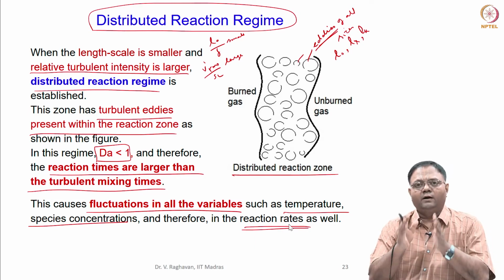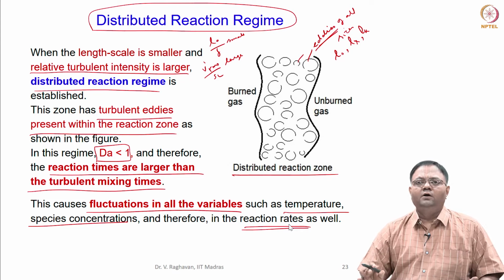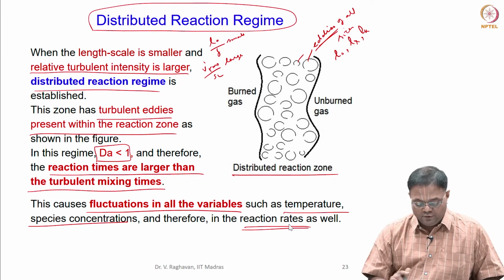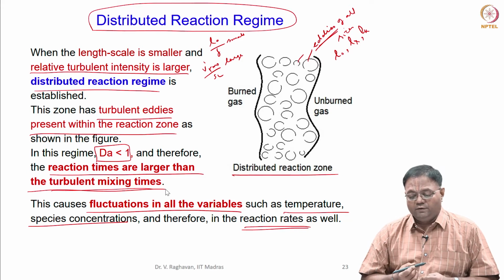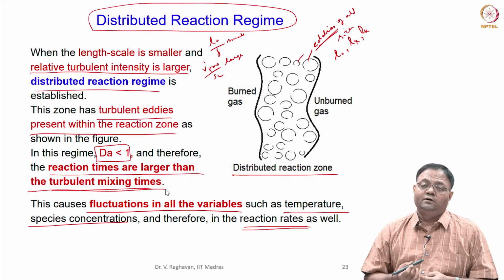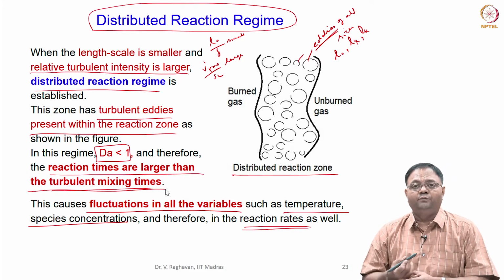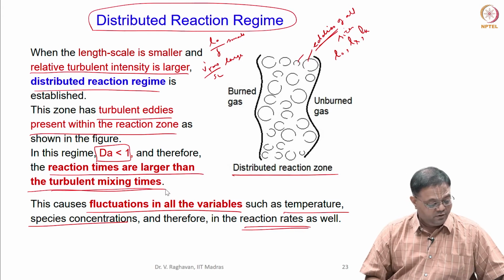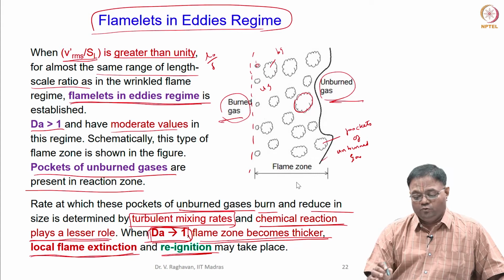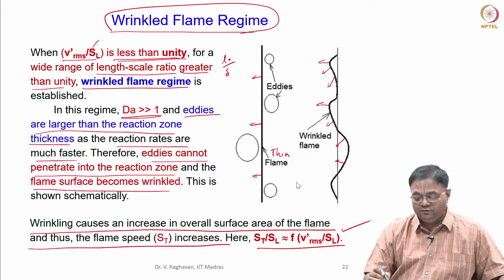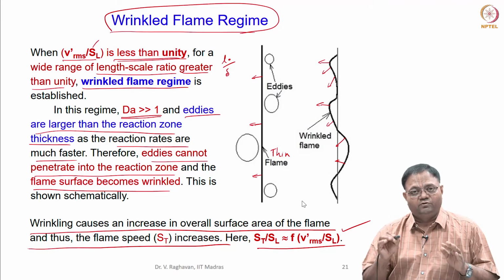In this zone, the reaction rate is completely taken over by the turbulent mixing, and we do not really care for the laminar chemical kinetics. But in the second case, both are important. In the first case, the chemistry is very important.